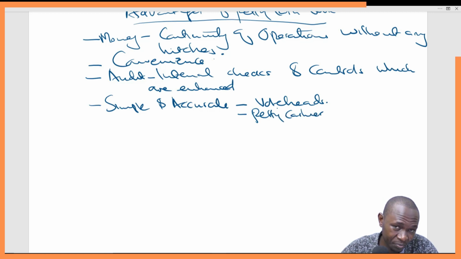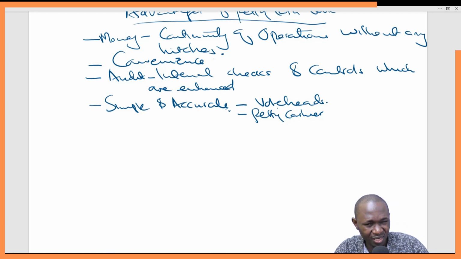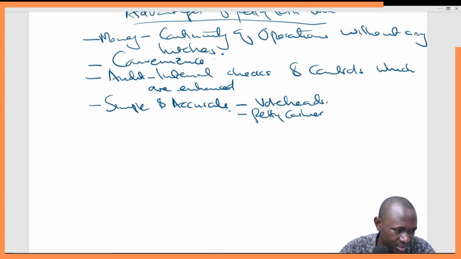Because it's a specific person and that is possibly part of his job description, we are likely to get accurate results, as opposed to pushing everything to the main cashier, who then has a lot of work and at some point might not capture some transactions, and you end up with wrong figures. So this is very good in terms of maintaining simple books that are accurate, and also speed.